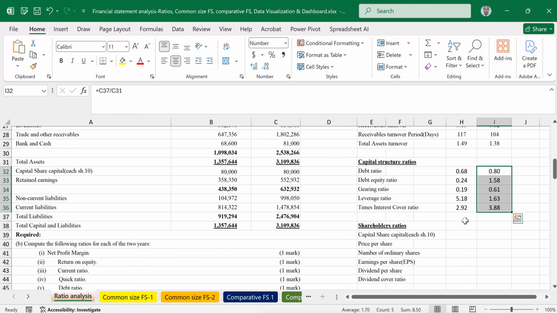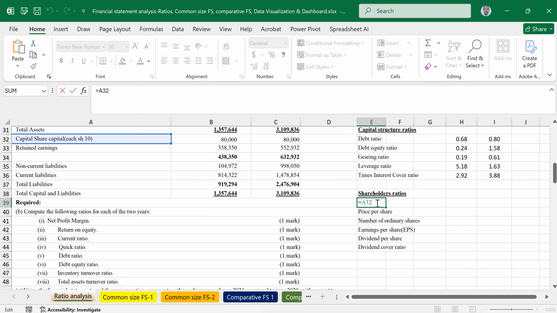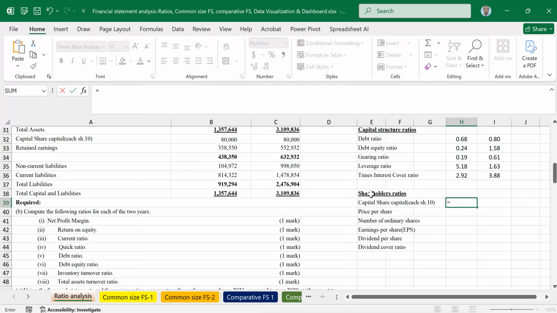Now on to the shareholders, the return on shareholders. Start with the share capital. Take the share capital as it is, 80 and 80, that doesn't change.